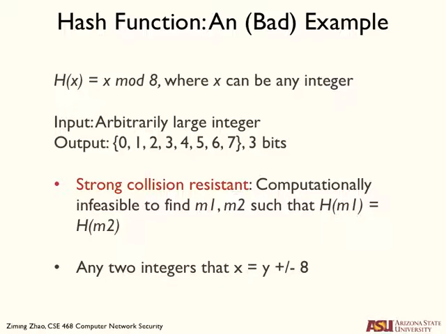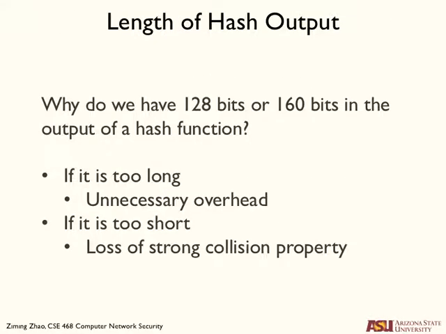So one of the reasons this hash function is not secure, but not the only reason, is because the output space is really small. So there will be a lot of collisions. The output space is only 3 bits. That's why in reality we use a big output space, usually 128 bits for MD5, and MD5 we now do not consider secure anymore.